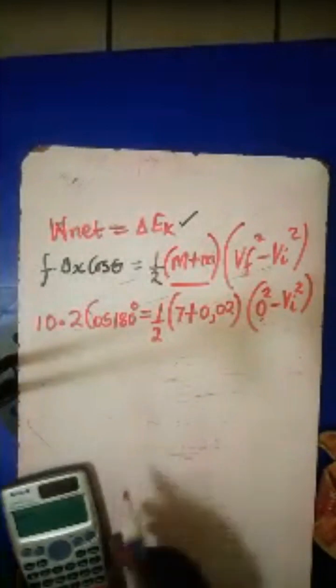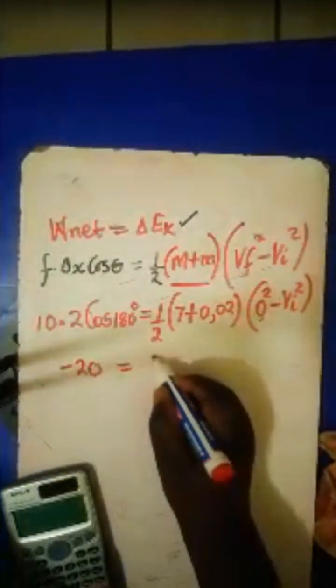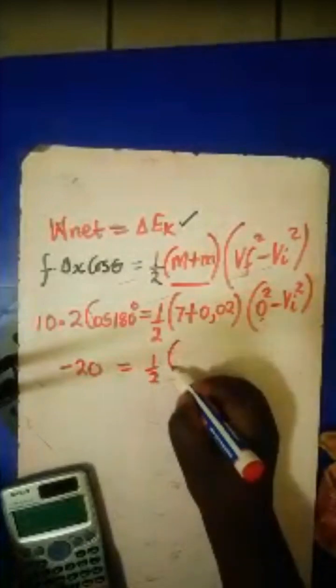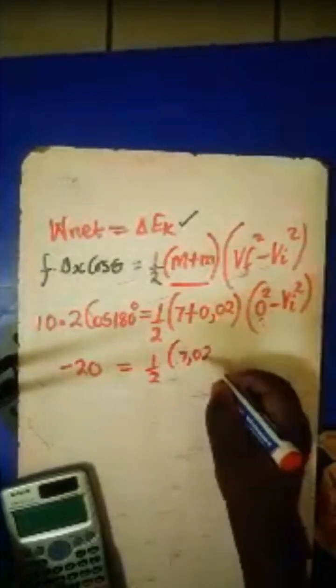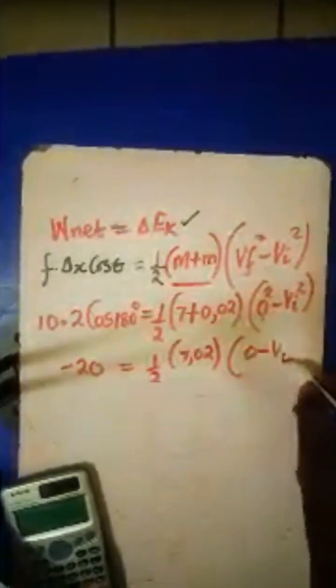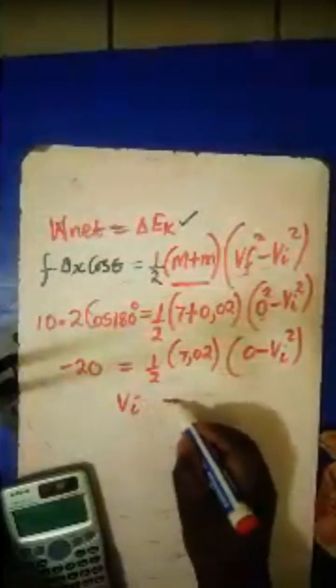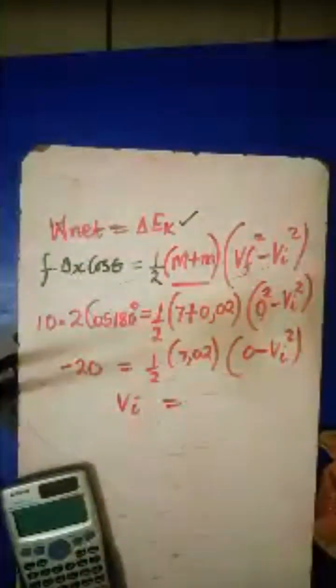So if you do our nice maths, let's simplify them. 1 over 2 multiplied by 0.02 multiplied by 0 minus V initial. Can you simplify for V initial, colleagues? Today you've been relaxing. Let's simplify for V initial. What are we getting?